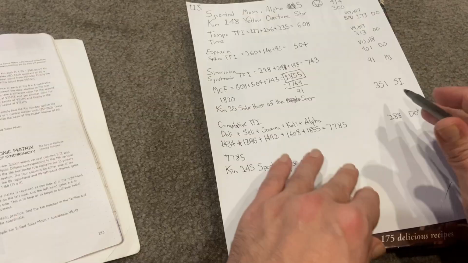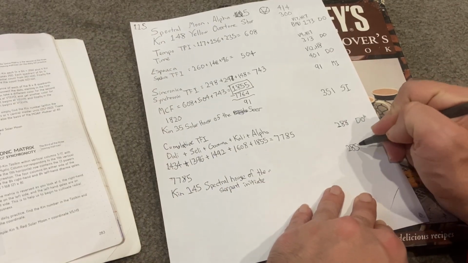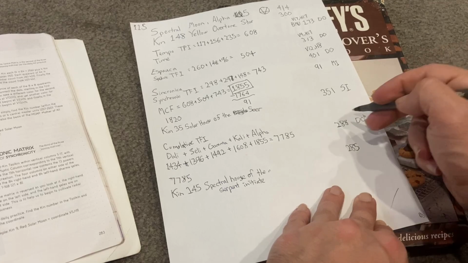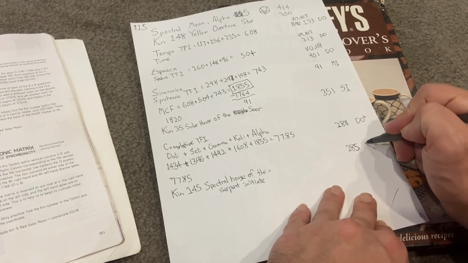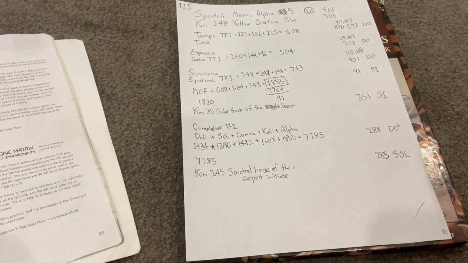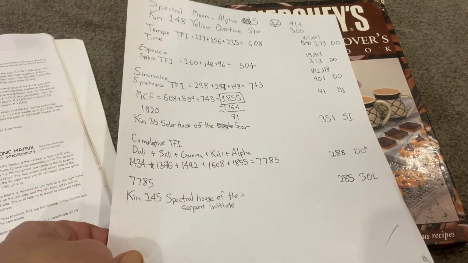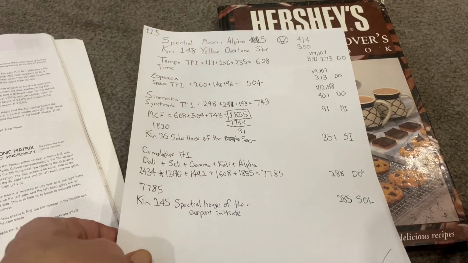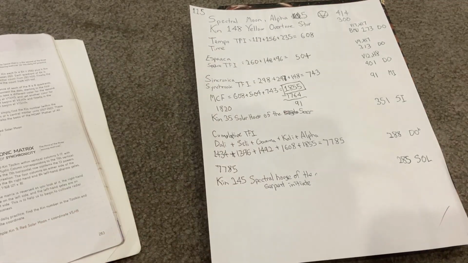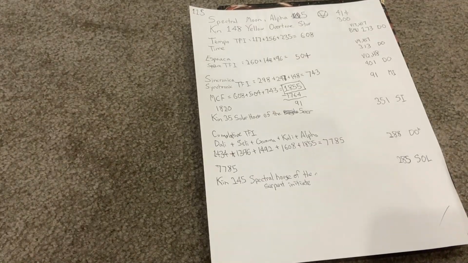Okay, so 285, and that is a soul. Alright, so we have a set of some numbers here and notes, and there are many more to calculate, but that's all we're going to do for now. Maybe I'll do more. We'll see.